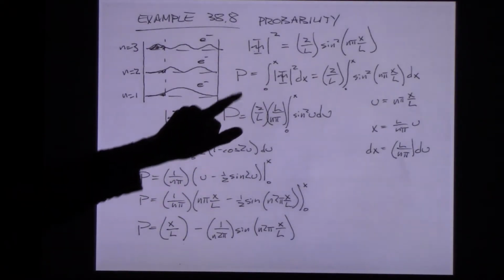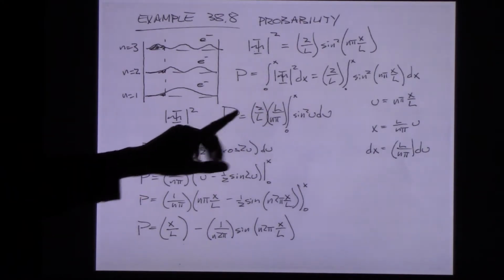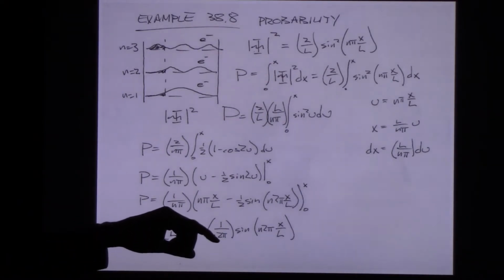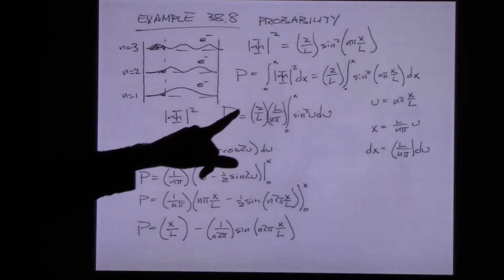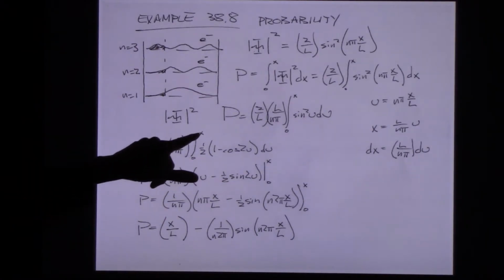So I have my 2 over L, I have my factor of L over n pi, and the L's have already canceled. And so units are gone. There are no more units to be had here. We'll see how that works out. And so what I have out front now is 2 over n pi. I'm still integrating from 0 to x.